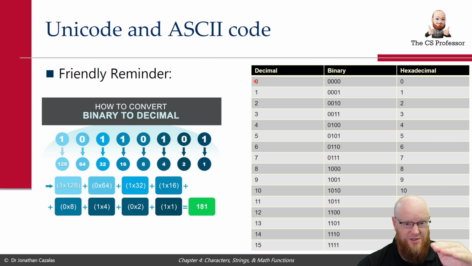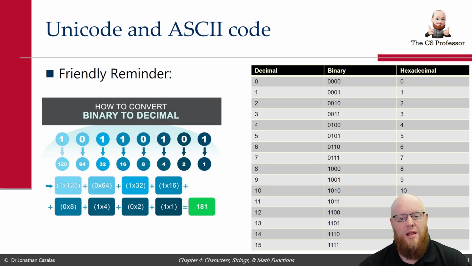Remember, including 0, this is 16 different numbers because that's hexadecimal. Hexadecimal is a number system with 16 values. So we have 0 all the way to 9. And then for 10, it's really A, followed by B is 11, C is 12, D is 13, 14 is E, and 15 is F.